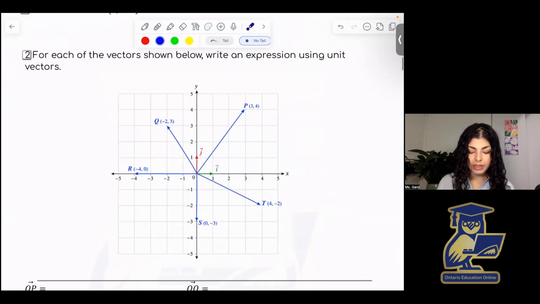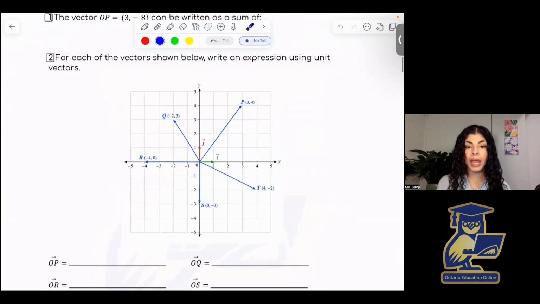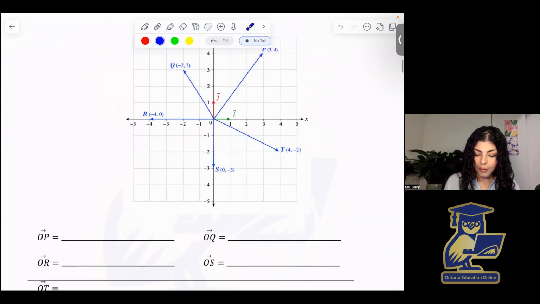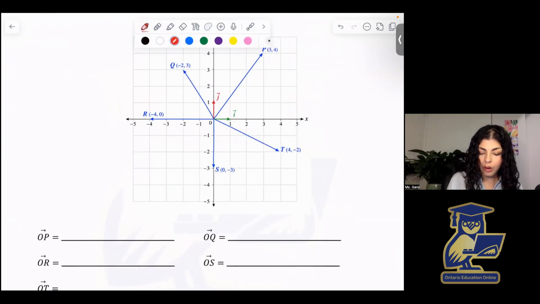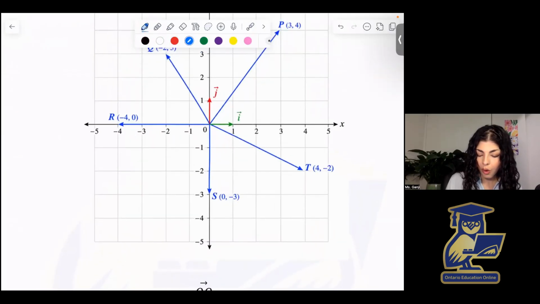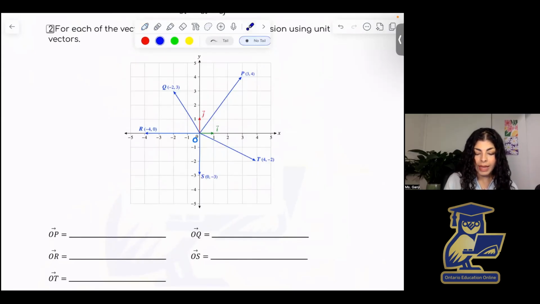Now here, we're given a series of vectors, and we're asked to write them using the unit vectors. Remember, this is point O, our origin, so all of these vectors are starting at point O and going to different points on this coordinate grid.